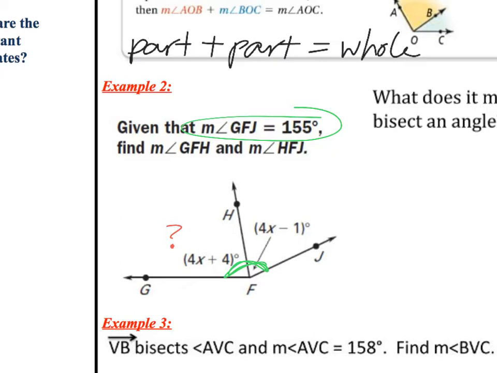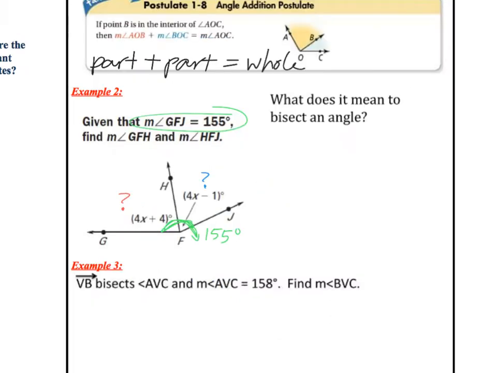And find the measure of HFJ. So this one. So we want to know both of the little ones. We know that the bigger angle is 155. When we add them up, they equal the whole, the 155.